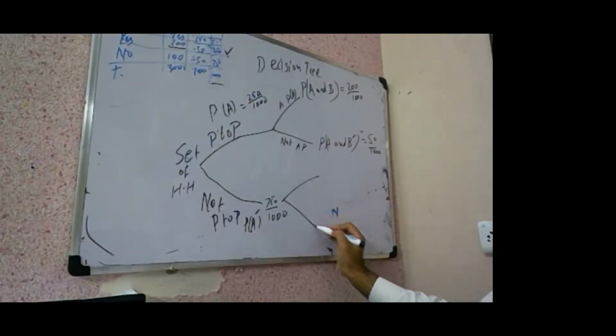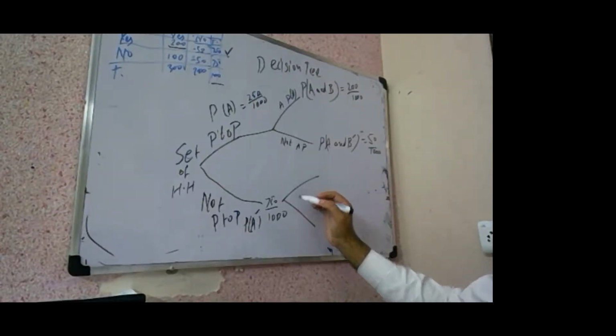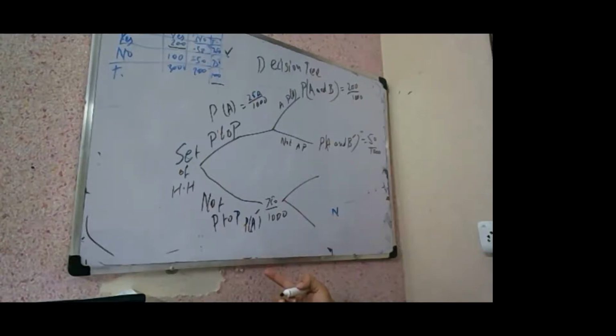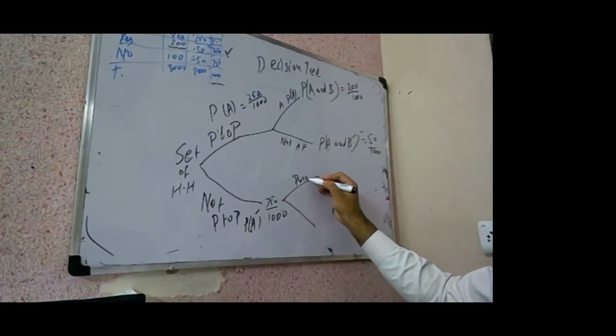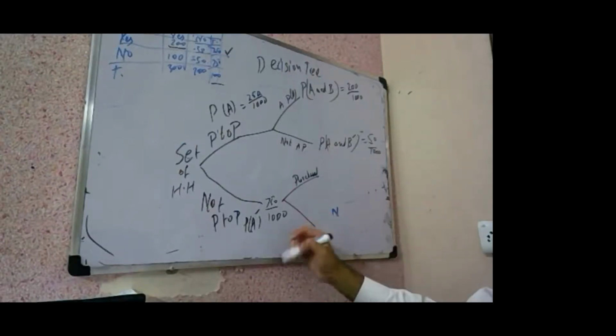Similarly, you can do further. So they didn't plan to purchase, but they purchased. Didn't plan to purchase and they didn't purchase.